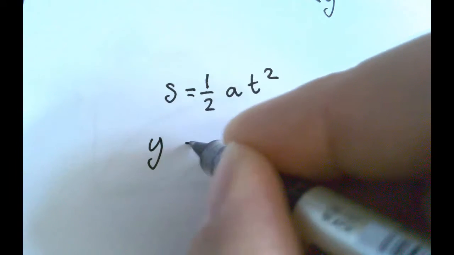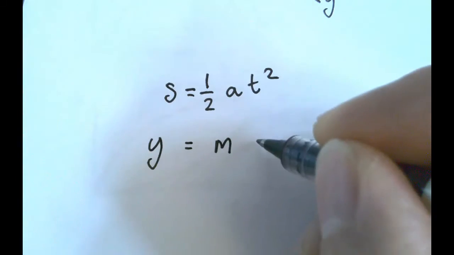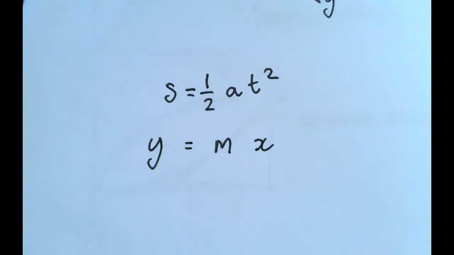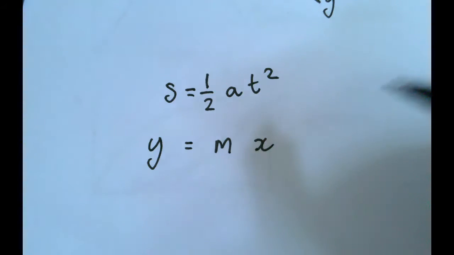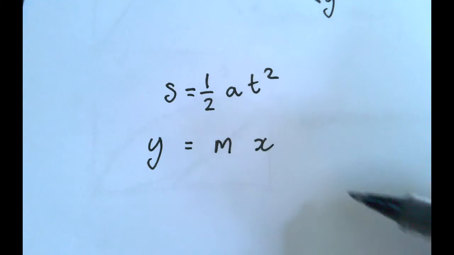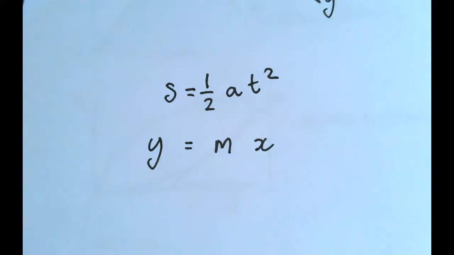What you have to do is think about the equation of a straight line. y equals mx plus c. But there is no plus c here, so it's just y equals mx.